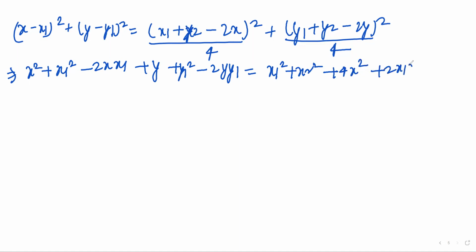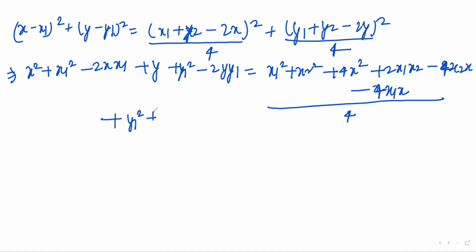Plus 2x1 x2 minus 4x2 x minus 4x1 x, all divided by 4, plus y1 square plus y2 square plus 4y square minus 2y1 y2.